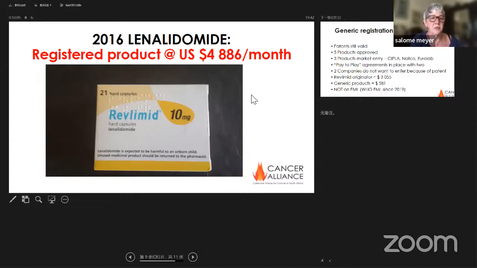And after thalidomide came lenalidomide, and after lenalidomide came pomalidomide, and they've got extensive secondary patents on that medicine. Once that medicine was registered by our regulatory authority, it was then available at $4,886 per month. That is a substantial difference between the generic pricing and the originator pricing.